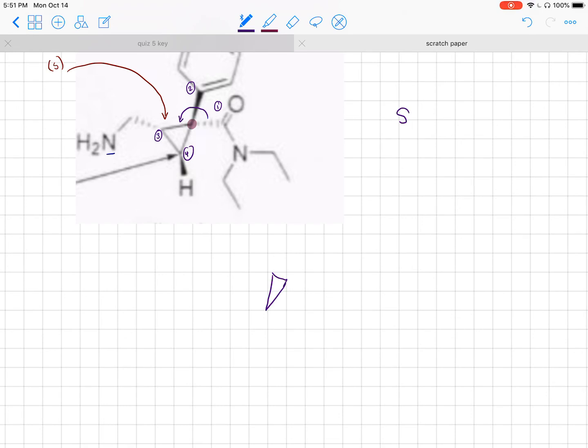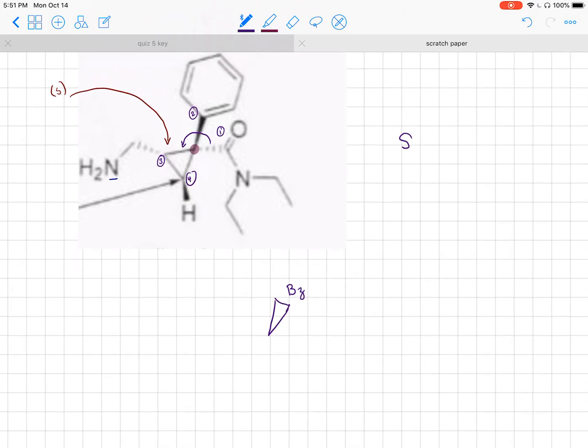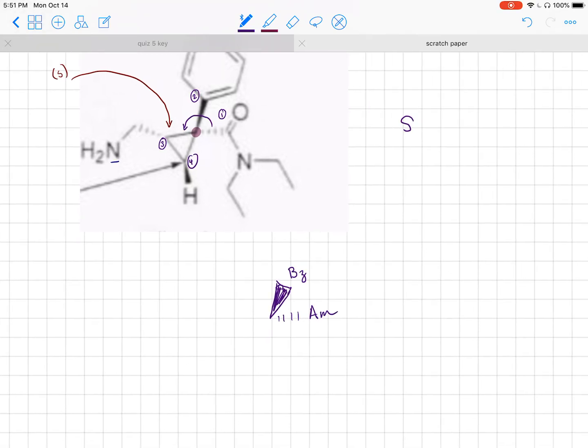So we're going to call this BZ for benzene. That would be this group right here. Instead of R, we're just going to call it BZ to make things easier. Over here, we could call this AM for amide. And then, let's see.